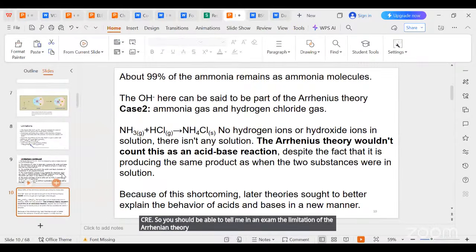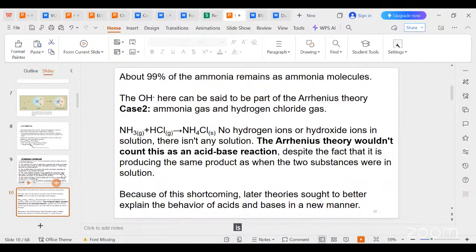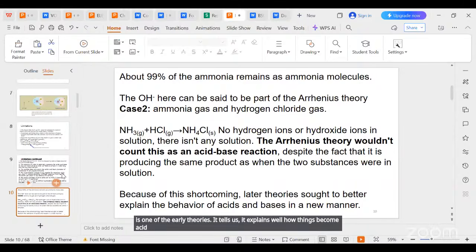There are three theories on acids and bases: the Arrhenius theory, the Lewis theory, and the Bronsted-Lowry theory. The Arrhenius theory is one of the early theories. It explains well how things become acids by releasing a hydrogen ion, and how they become bases by giving out OH.